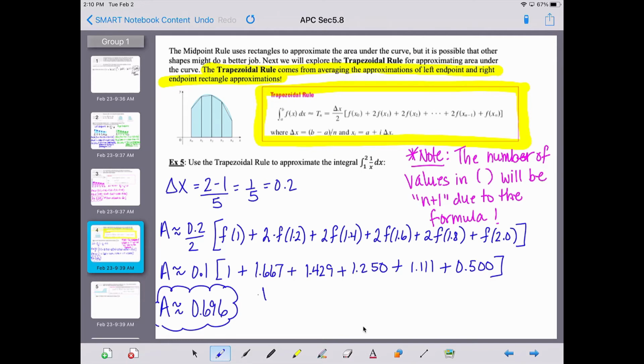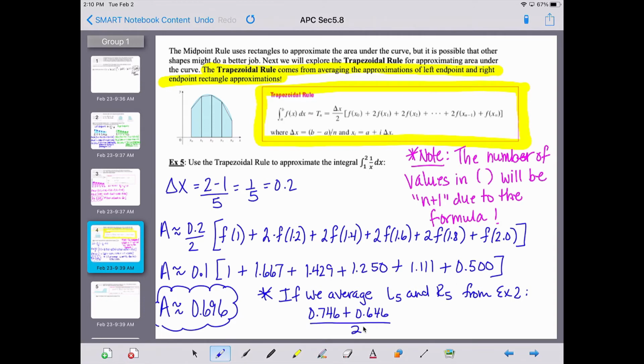And I just want to point something out to you because remember they said that the trapezoidal rule comes from averaging the approximations of your left and your right endpoints together. So if we average L5 and R5 from example 2, that would be 0.746 plus 0.646.